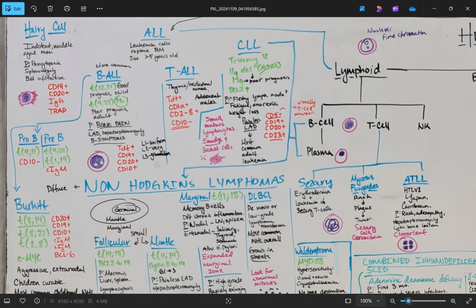But speaking of T-ALL, that will be T cell mediated ALL. You usually see it in adolescent males, and they'll present often with a thymic and mediastinal mass. And then for lab findings, again, you have TdT positive because you have a lymphoid precursor.